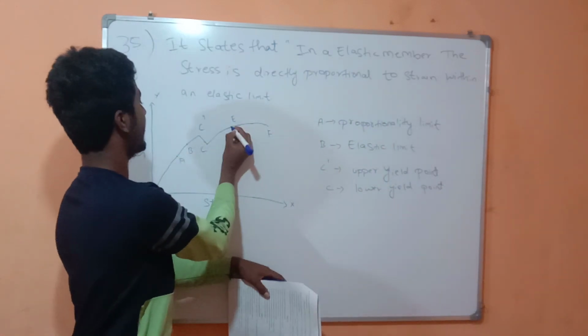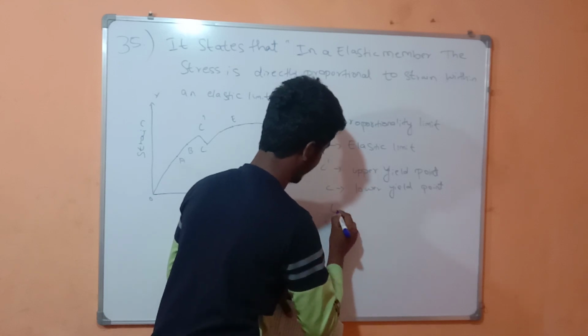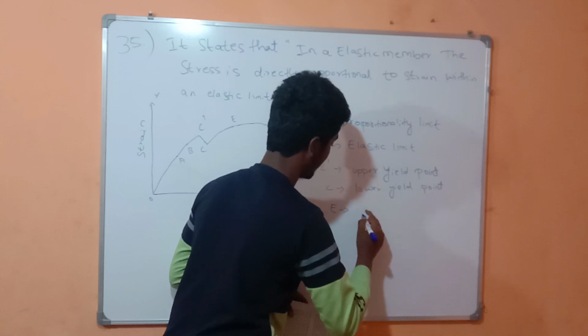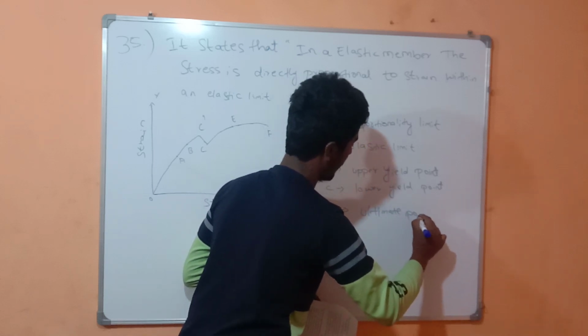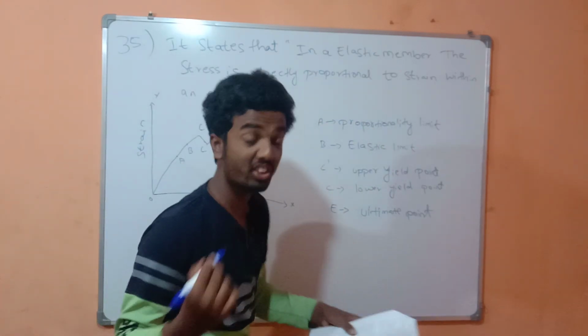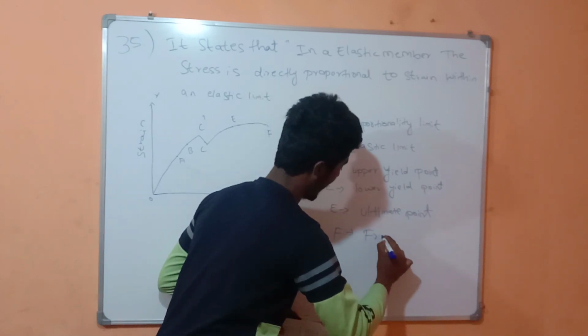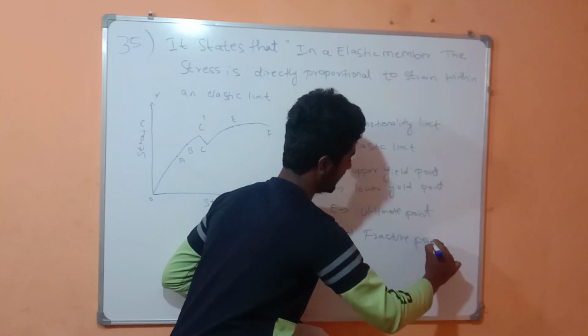What is E? E is the ultimate point. What is F? It is the fracture point, children, because it is in the last position.